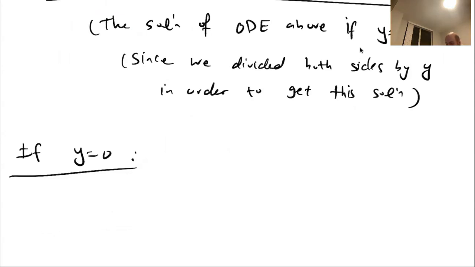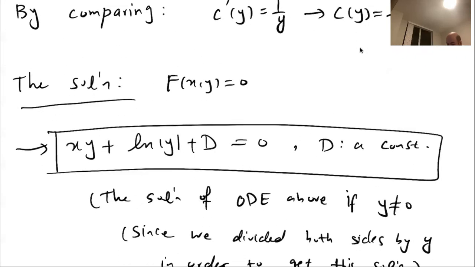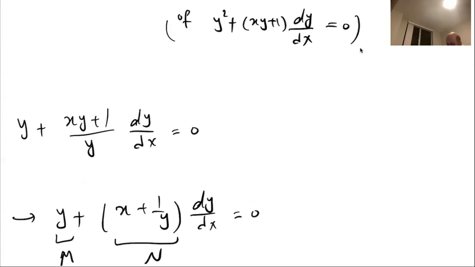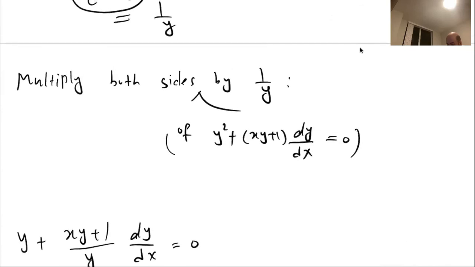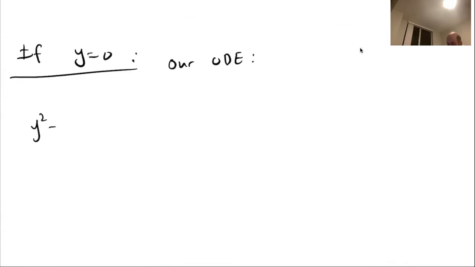Now let's see whether this is a solution or not. Our ODE was y squared plus xy plus 1 times dy to dx equals 0.